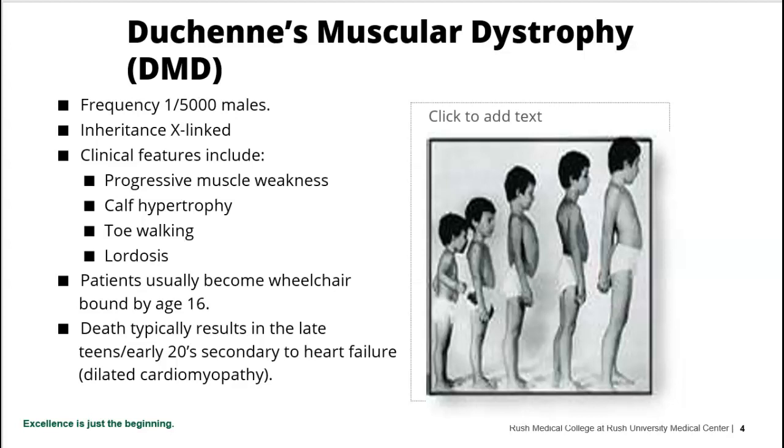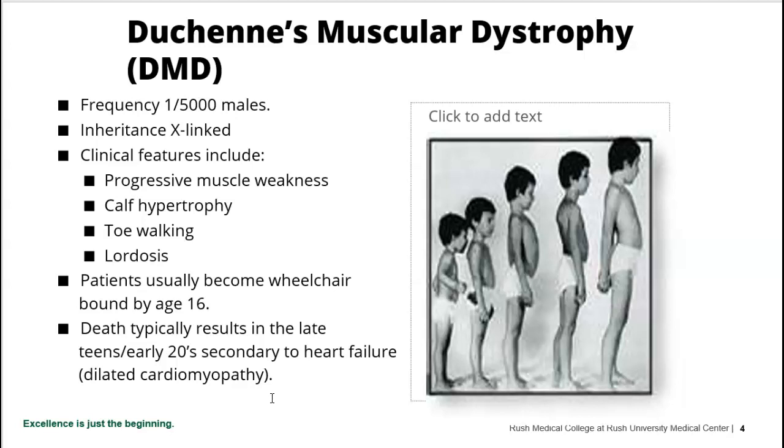The symptoms include progressive muscle weakness, calf hypertrophy or enlargement of the calves, toe walking, and lordosis. This is a photograph of a boy over time and how much lordosis occurs, that incurving of the spine.